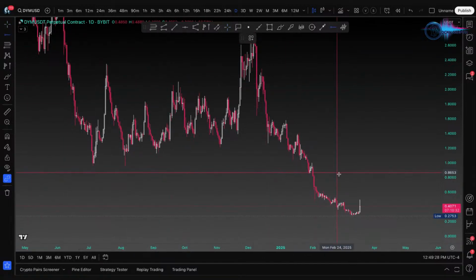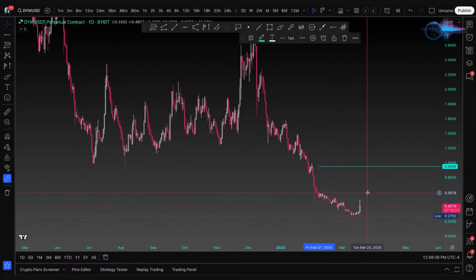So I'd look for a break of, yeah, I don't know, man. It's definitely going to come up into here more than likely. So from 40 to 94 cents, it's actually not a bad move. But again, it all depends on Bitcoin.